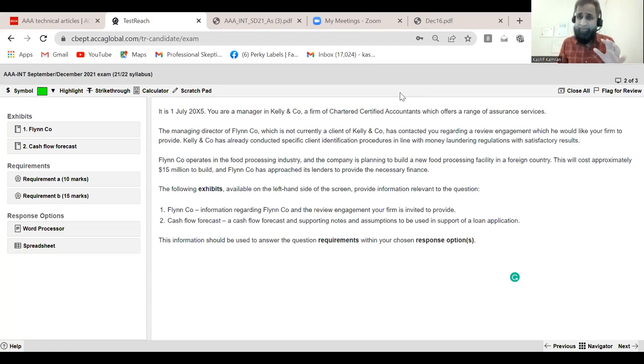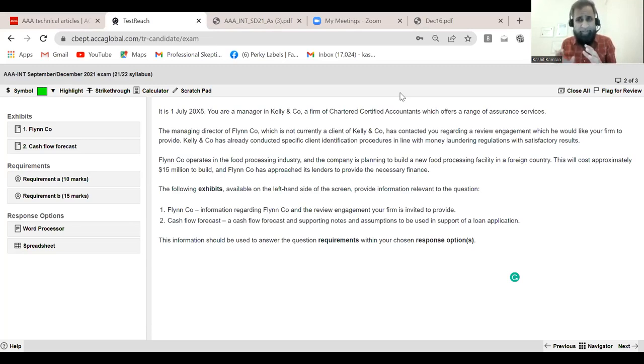If any student is comfortable with the on-screen calculator and you have been practicing with it, then you can use the on-screen calculator. As a tutor, I myself prefer my own calculator, not an on-screen calculator, because you're more comfortable with a calculator in your hand doing the calculations. That's my perspective. You might have a different perspective and you might like the on-screen calculator.